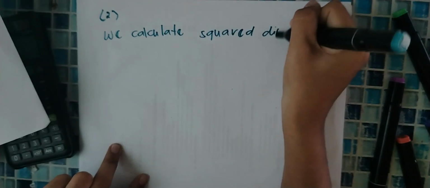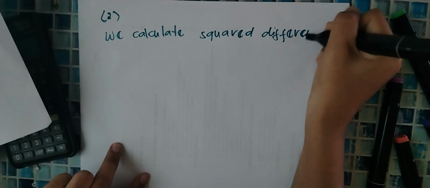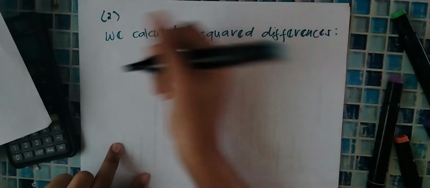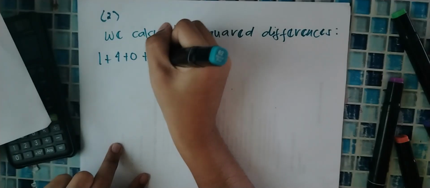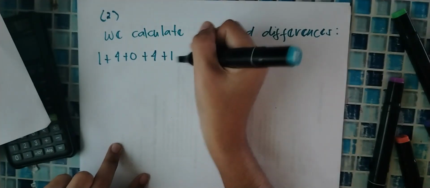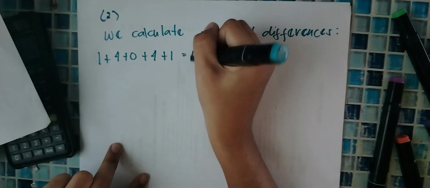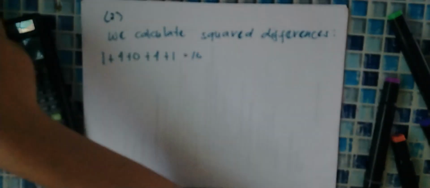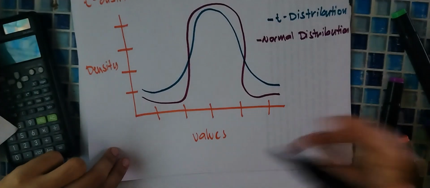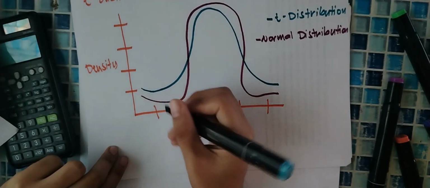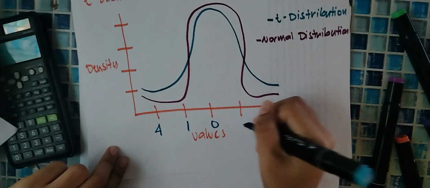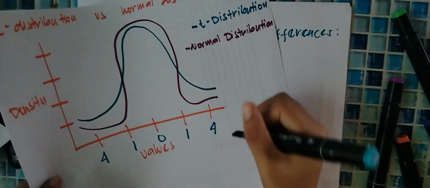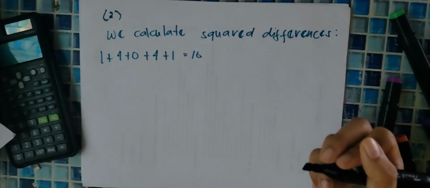So let's just add up 1 plus 4 plus 0 plus 4 plus 1, which equals 10. This is from the table, so we can just add 4, 1, 0, 1, 4. So that's it.